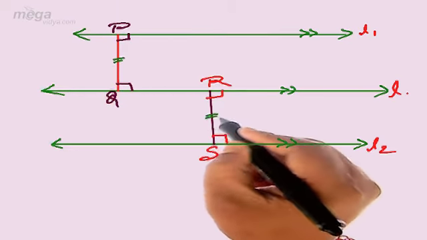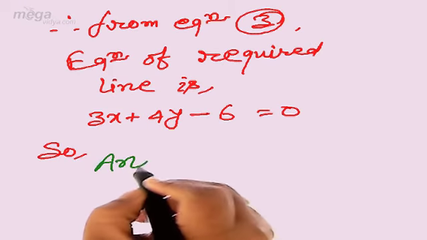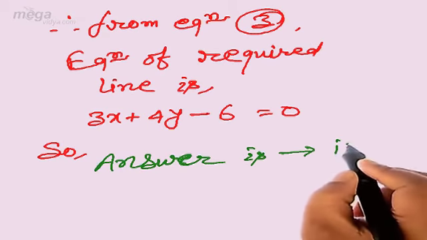Therefore the equation of the required line is 3x plus 4y minus 6 equal to 0. And hence from the given options you can see the correct option is 3x plus 4y minus 6 is equal to 0, that is option number 1. So the answer is option number 1.